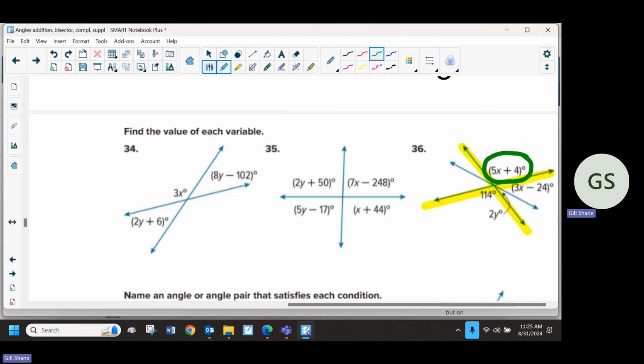But on the other side of the x, I have a number. That's really where I have to start to solve. So sometimes you got to work your way into what can and you could just set up a bunch of equations until you think you have one you can solve. One variable, one equation is what you're looking for. But that picture is kind of tricky to see where the vertical angles are that you use to solve.